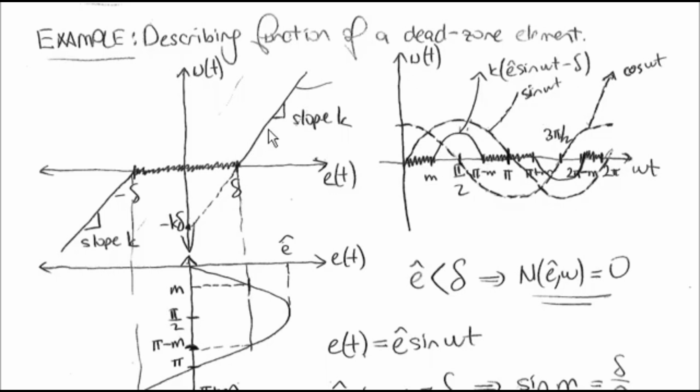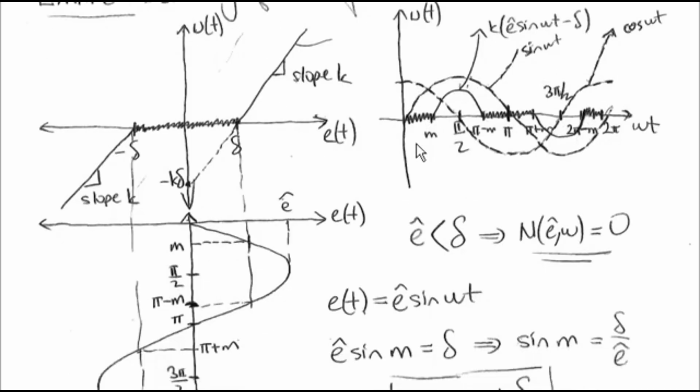Instead of e, I'm going to substitute E hat sine omega t. So if I do that substitution, it's going to be k times (E hat sine omega t minus delta). This is going to be the non-zero part. And I know that this part is going to be the anti-symmetric of this version of this part.